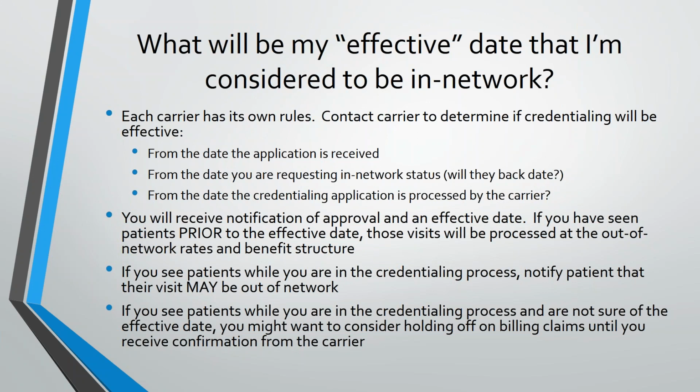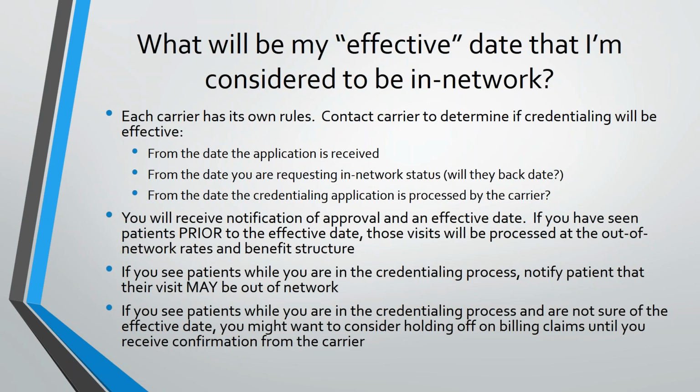So you could tell the patient, we're going to see you today for this visit. We think we're in the process of being credentialed with Blue Cross Blue Shield. We feel like the credentialing will be effective for this particular visit, but we're not going to know for 60 to 90 days. So we're not going to bill Blue Cross until we know for sure whether this is going to be an in or out of network claim.